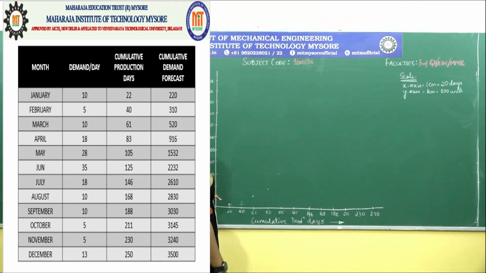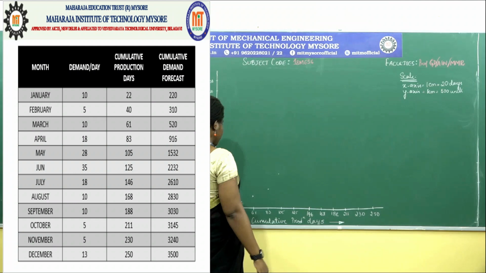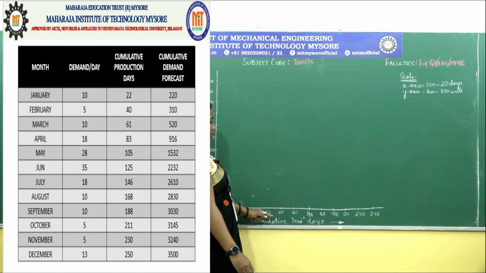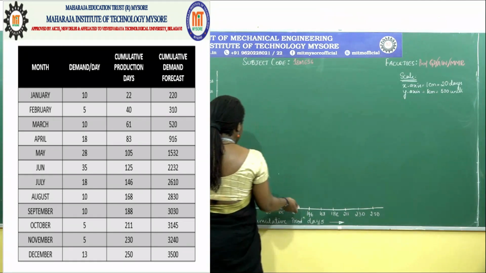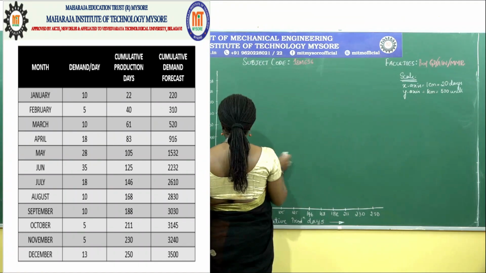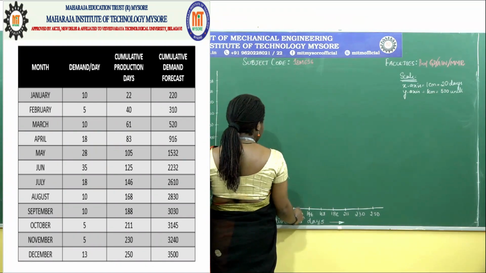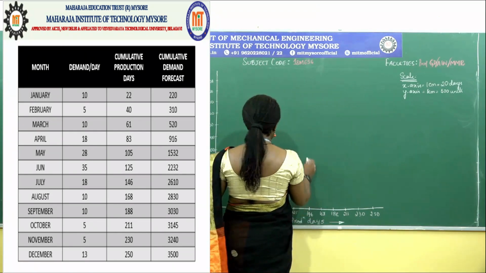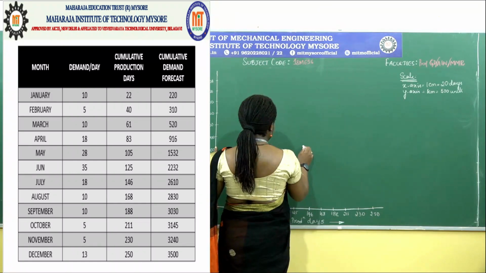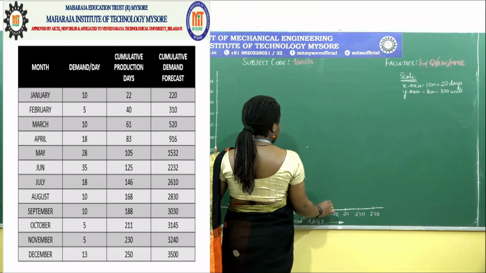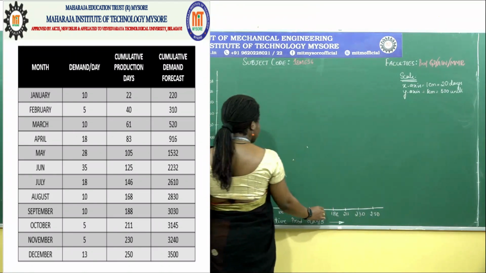The seventh month, 2,232 units. Please note, on the x-axis, the number of days that we're taking is the cumulative production days. Then it goes up to 2,600 units, and then 2,830 units.